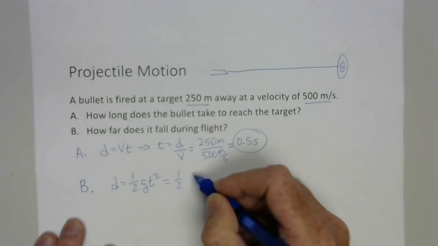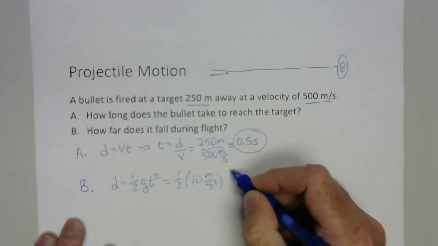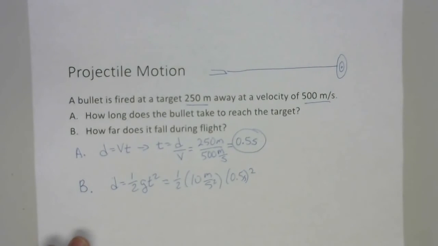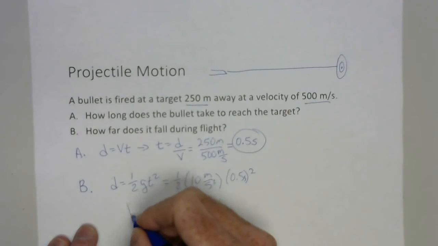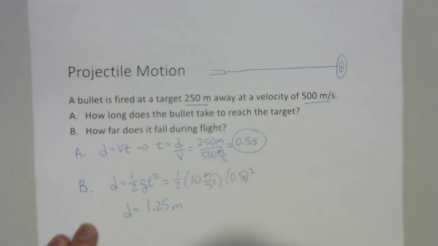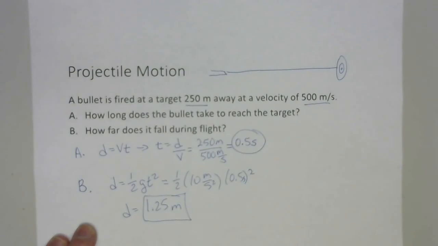So 1/2 times 10 meters per second squared, times 1/2 a second quantity squared. So 0.5 squared times 10 times 1/2 is going to give us 1.25 meters. So essentially the same answers as in the previous problem, except we're getting them the opposite way.